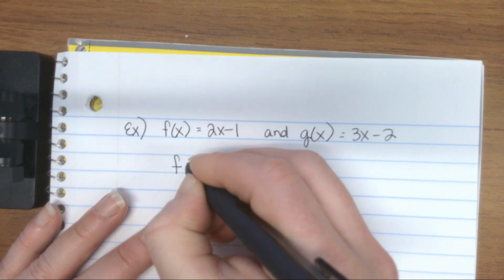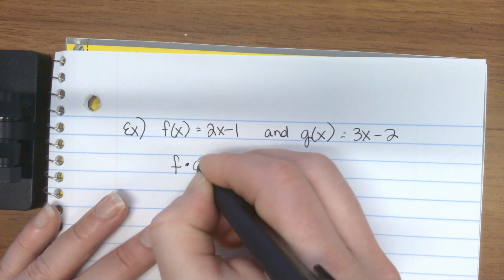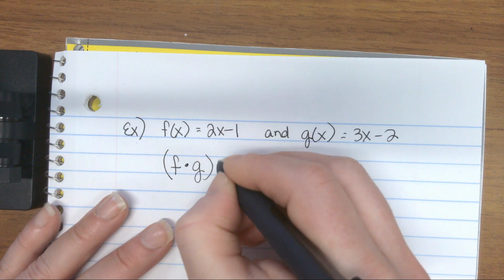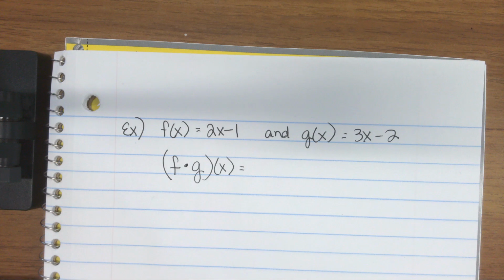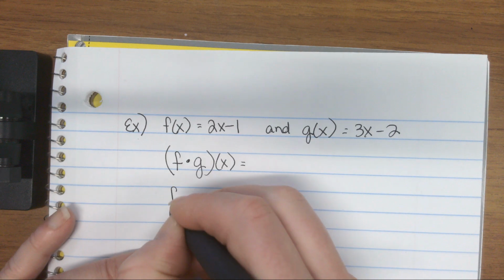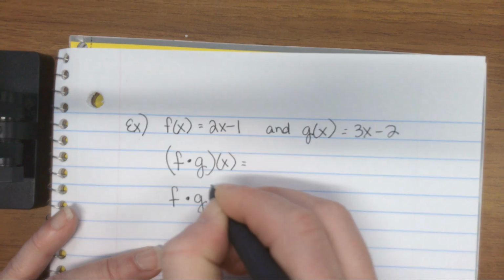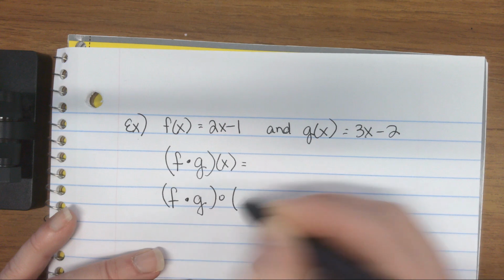And I asked you to find f times g of x. And then I ask you to find f times g, let's do a specific value, of negative 2.